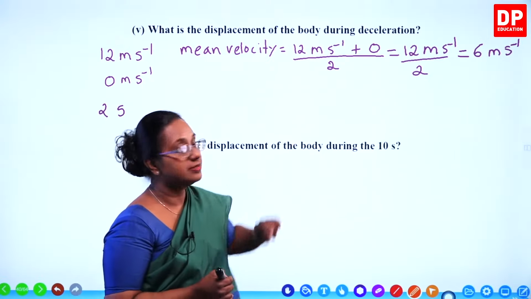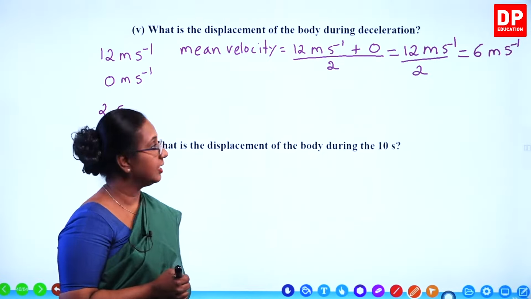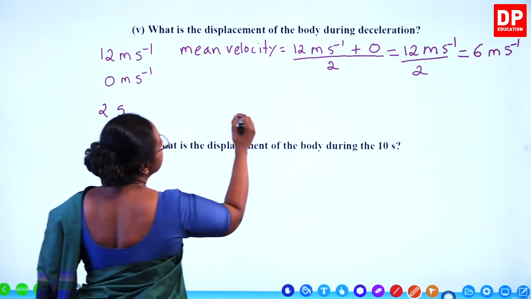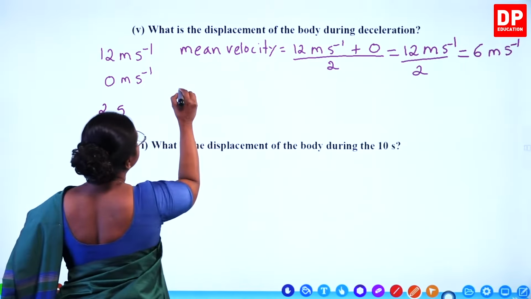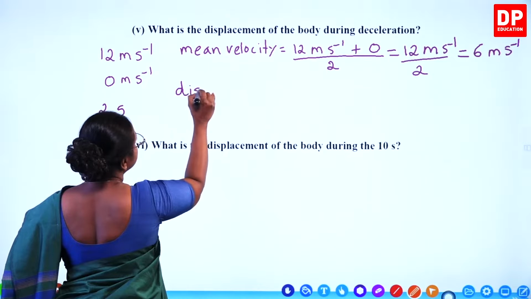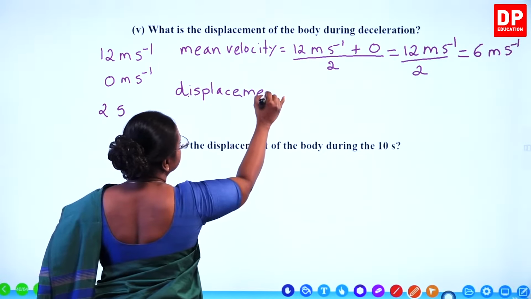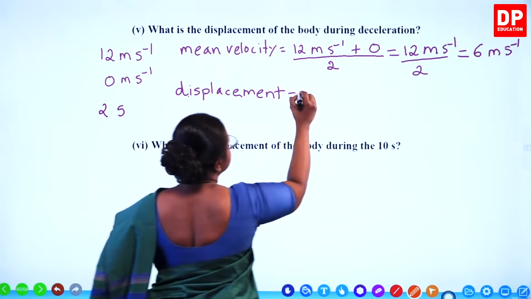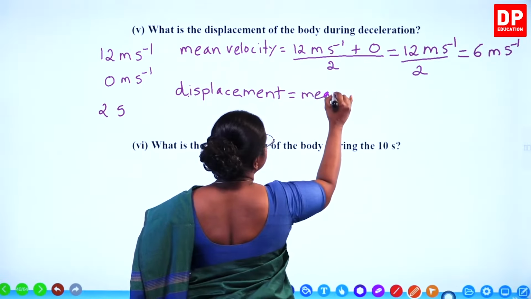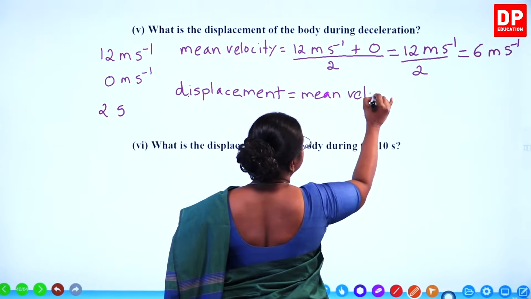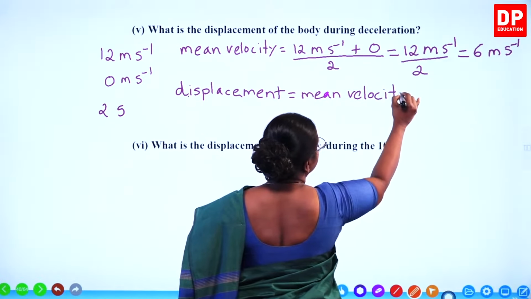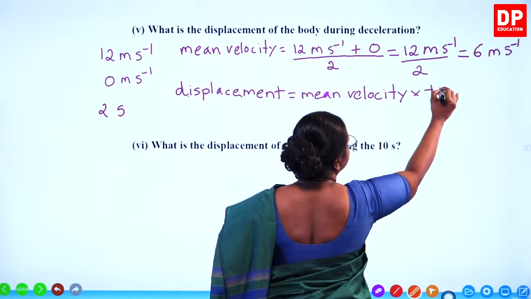This is the average or the mean velocity. That is why it is a positive value. And here displacement is mean velocity into time.